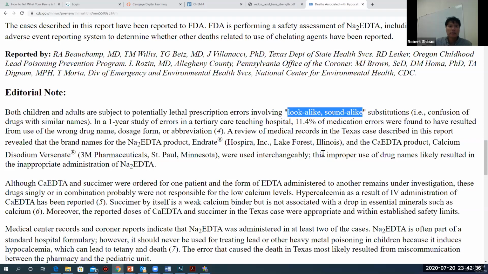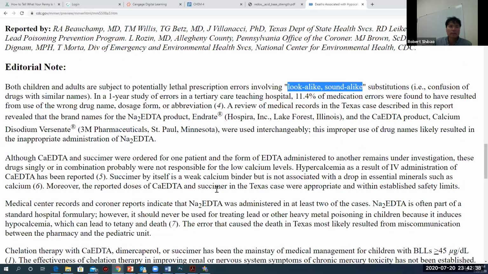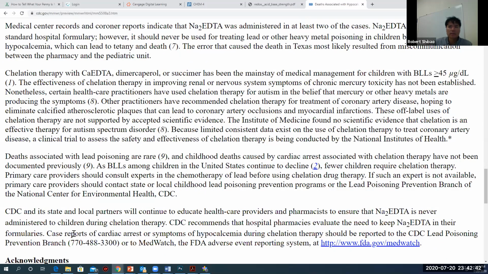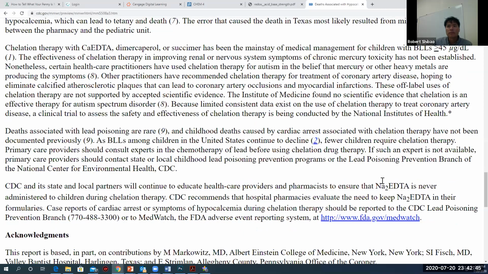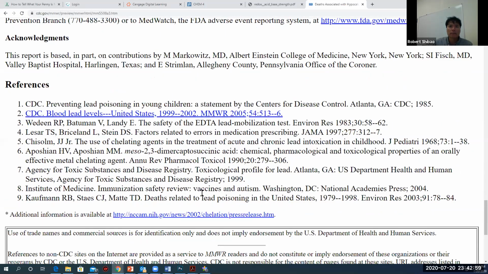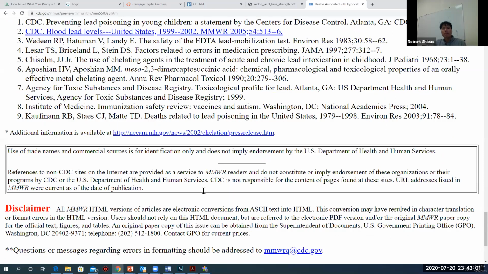And so the CDC recommends that local hospital pharmacies evaluate the need to keep sodium EDTA. They recommend getting rid of sodium EDTA, so that the look-alike, sound-alike aren't mixed up.